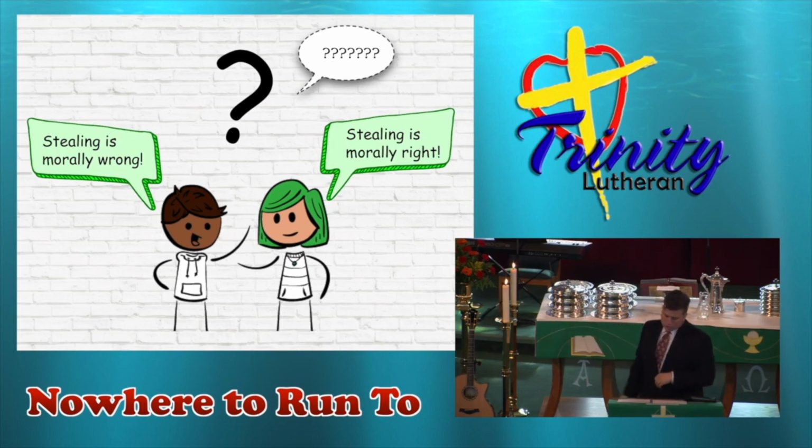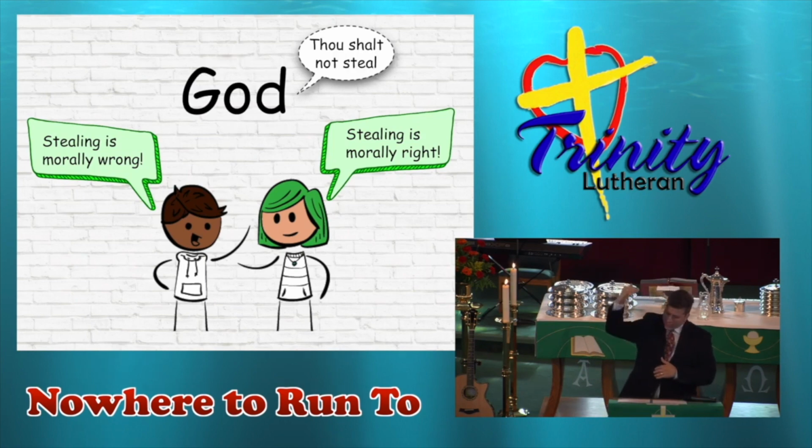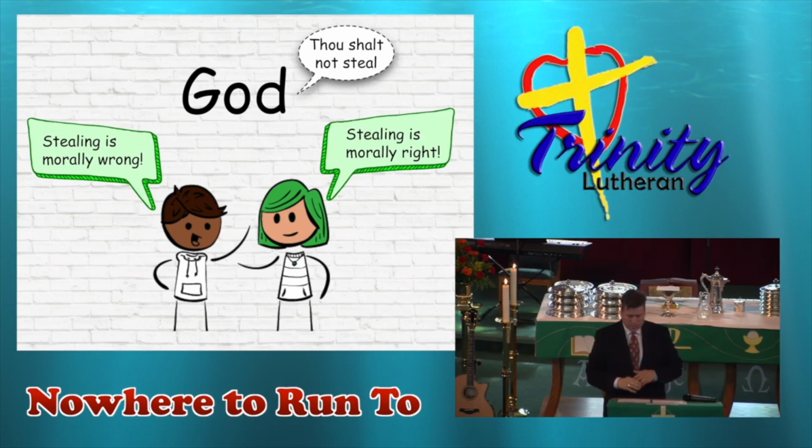If one person says murder's good, another says it's evil, on what basis, if there is no God, can we ever say that one of them is correct? There's no standard of true goodness to appeal to. In order for good and evil to be anything more than personal opinion, there has to be a source that transcends human opinion to decide what is actually evil and what is actually good.